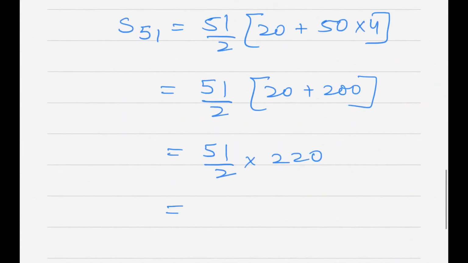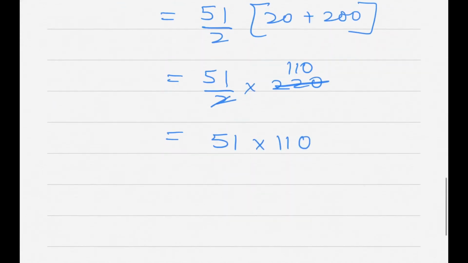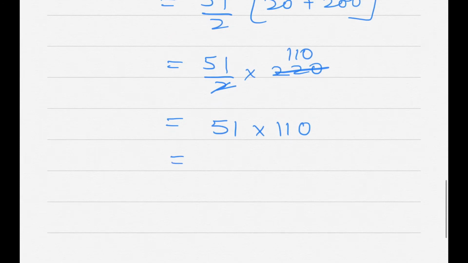This goes by 110, so I get 51 into 110, which becomes 5610. So that's my answer. I can write it down. They had asked to find the sum of 51 terms.